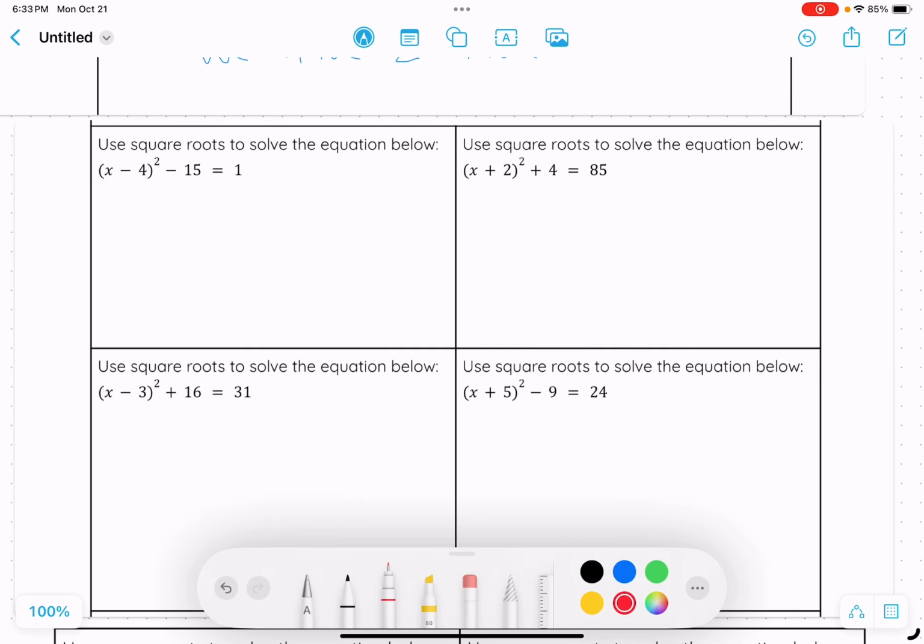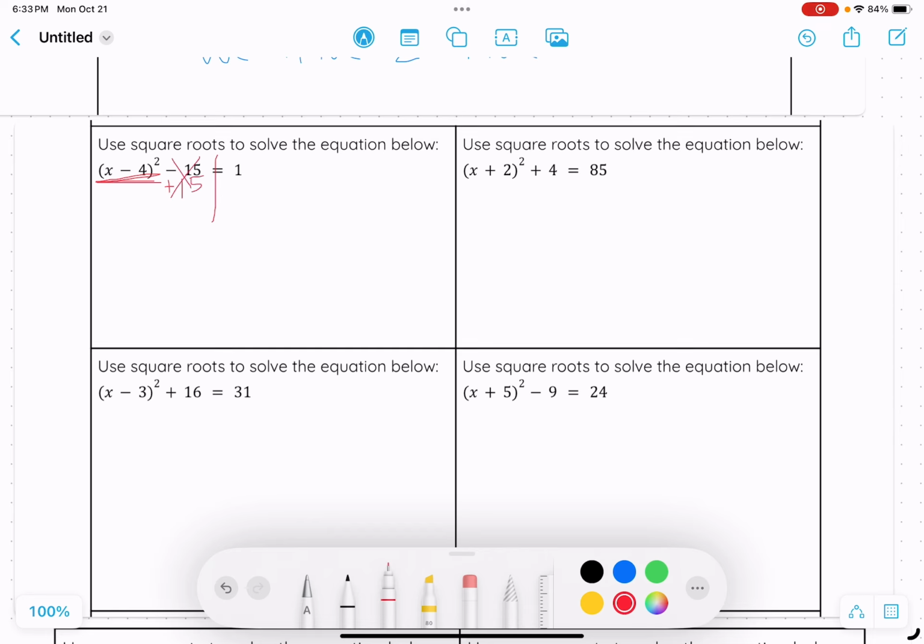Okay, here we go. So this part over here, this part that I'm underlining, that's a perfect square. So in order to take the square root, we need to get just that part alone. So we need to move this negative 15 to the other side. So you guys might be thinking, if we need to move negative 15 to the other side, we're going to add 15.